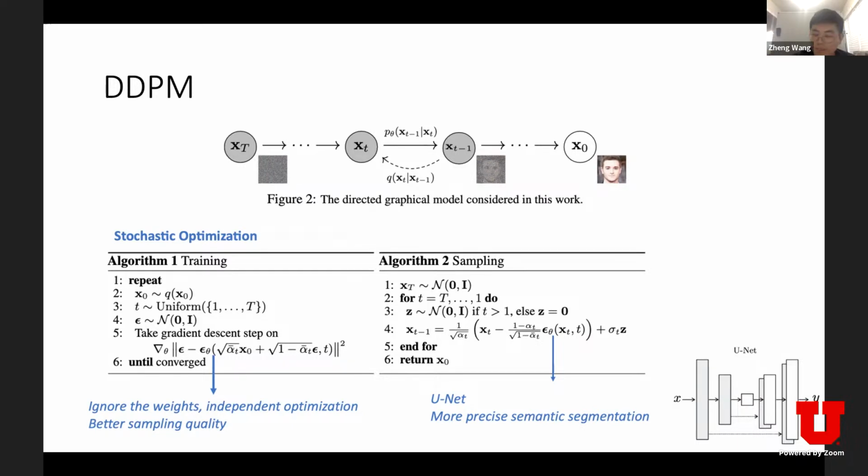Wavelets are just some frequency transformation to extract the semantic meaning of the image. I don't know too much about wavelets in image applications, but here they can give more precise semantic segmentation of the image.